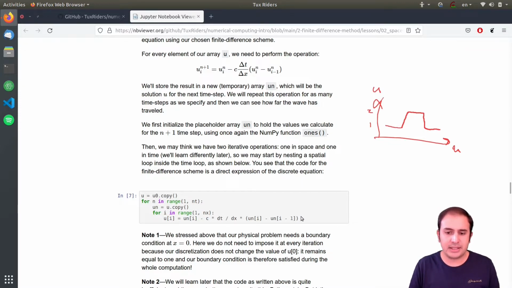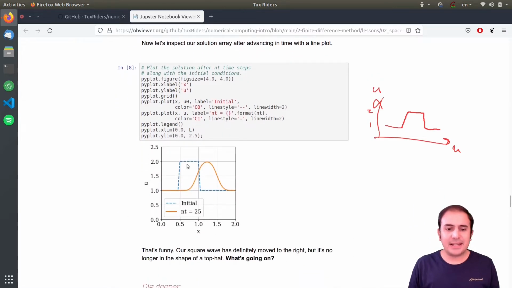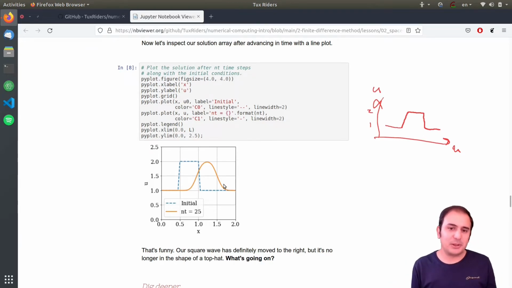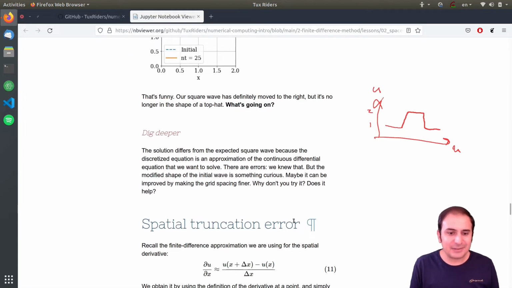You can see this is the backward difference in space, and this is the forward difference in time. We compute the value of u and then plot it, and you see after 25 time steps it is moving to the right. This is the beauty of numerical computing, as you can see how it moves.